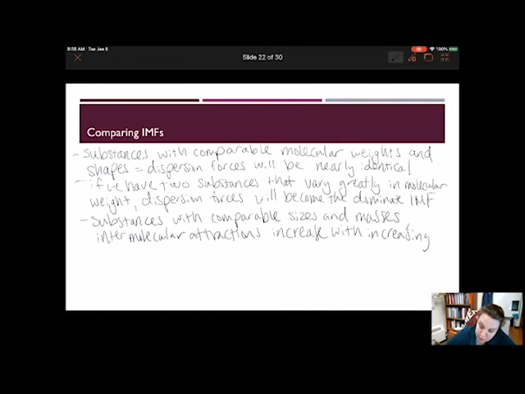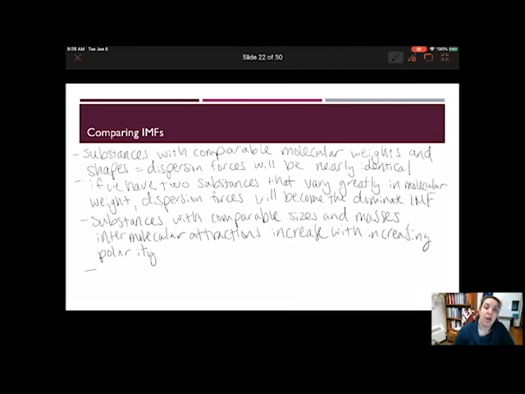So increasing polarity, I'm talking about when we have substances that have greater dipoles. So larger change in electronegativity, for instance, within the bonds.